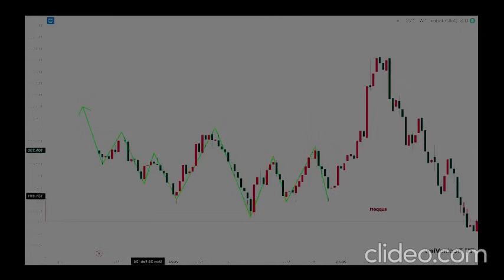So we are expecting again this to break this last high, so as you can possibly see, an uptrend.